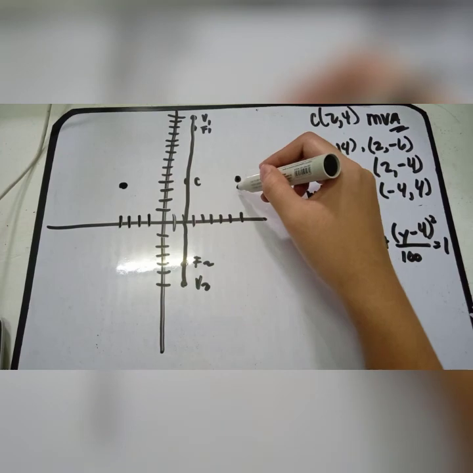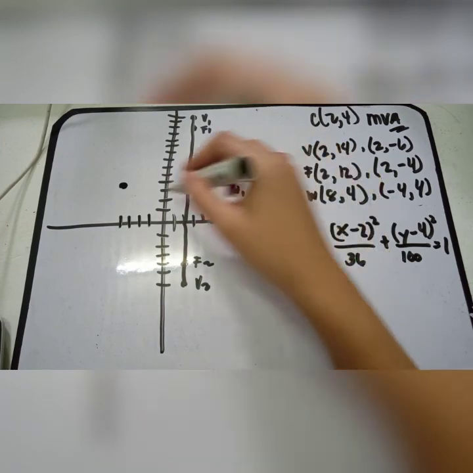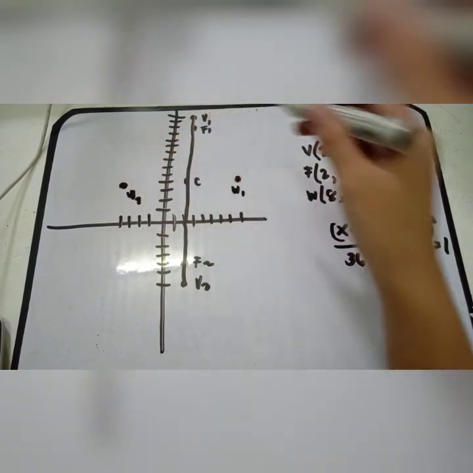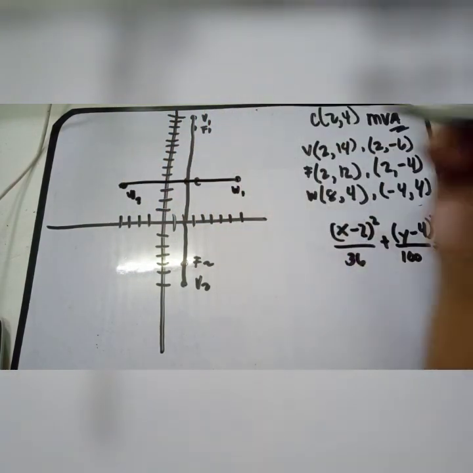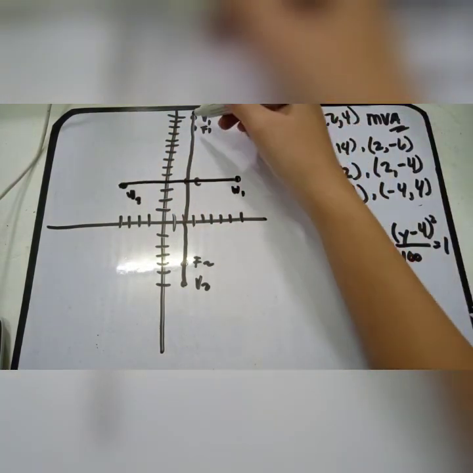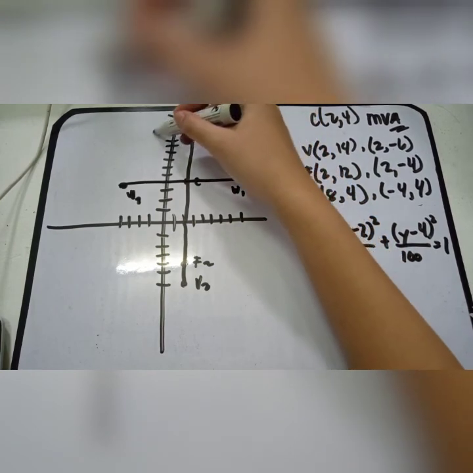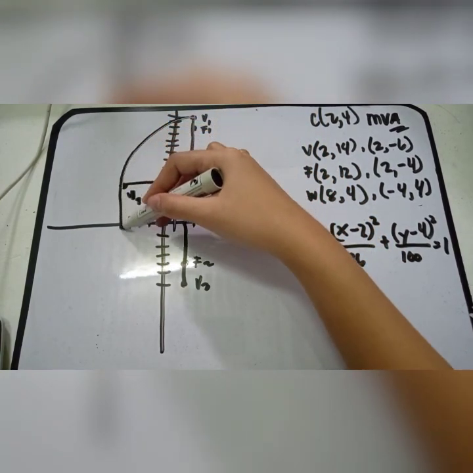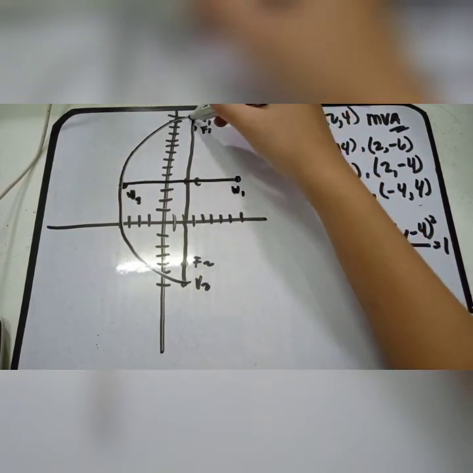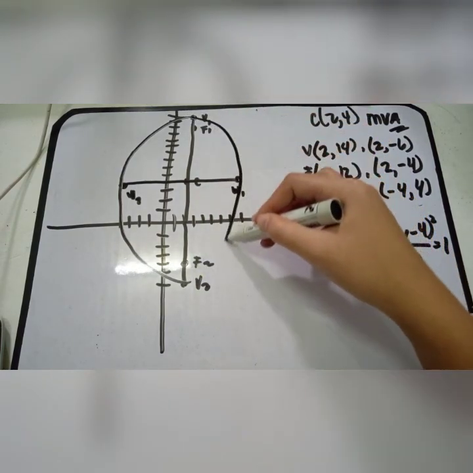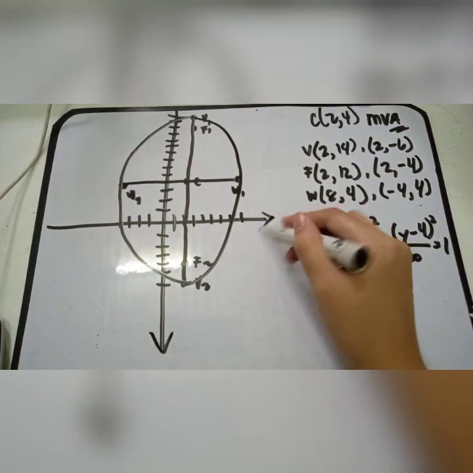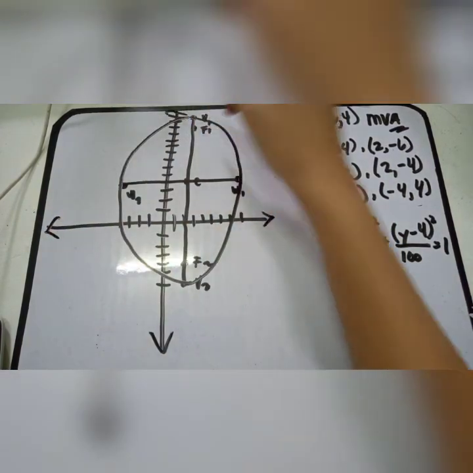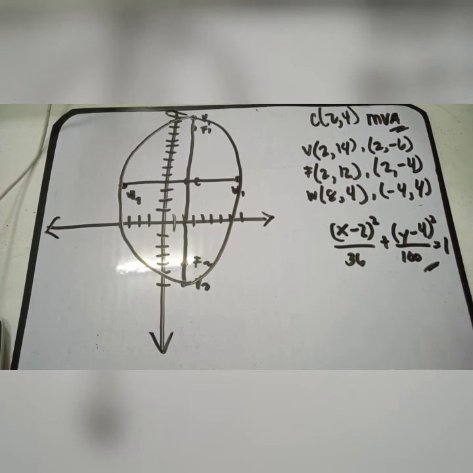So this is your W1 and then W2. Okay. So connect natin. And siya. So let's form an ellipse. Okay. So yan po. Yung ellipse natin having this equation. Clear?